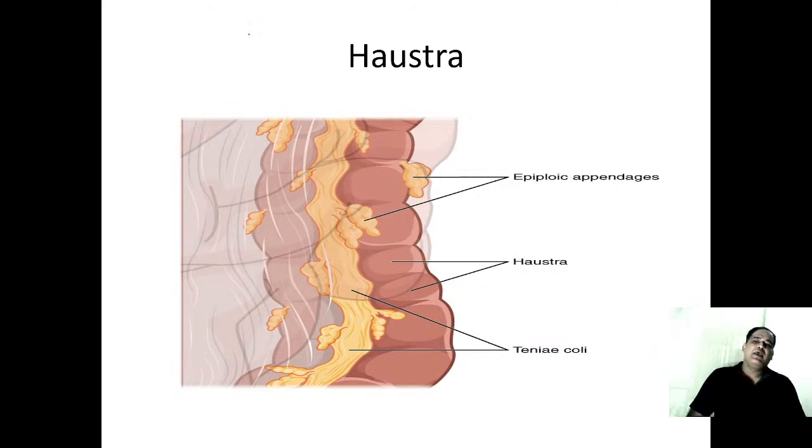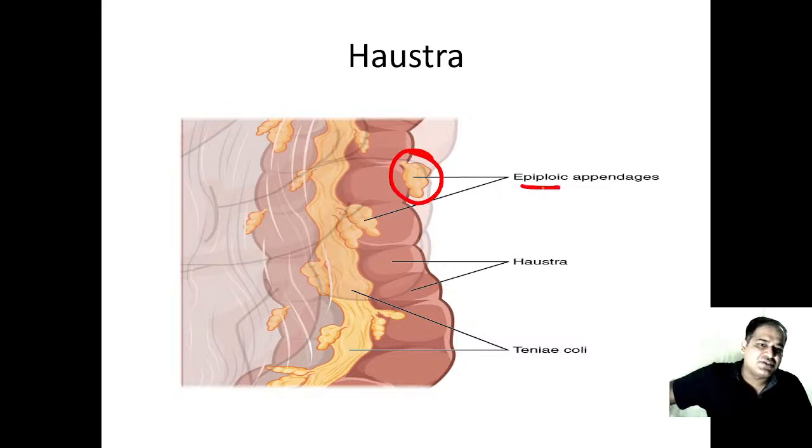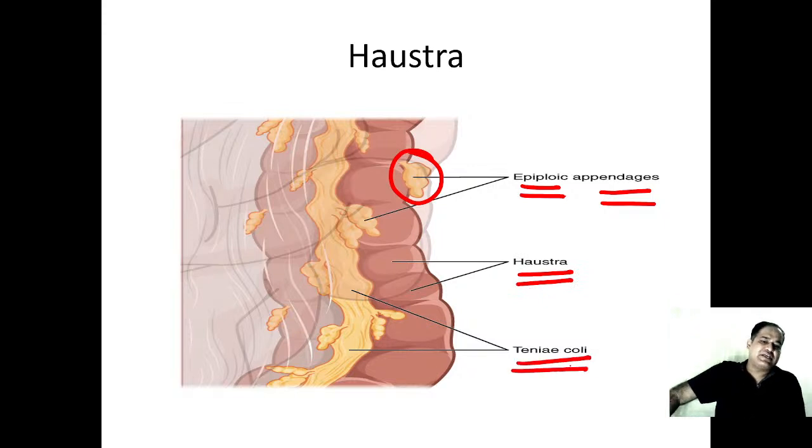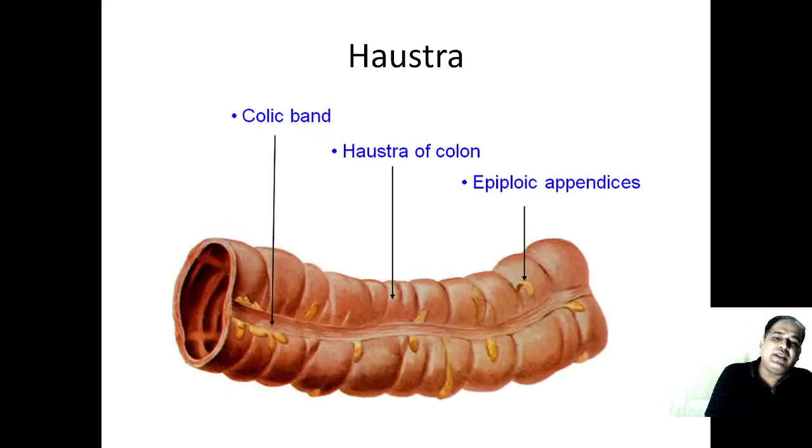Now you see, they ask you a question in anatomy, which of the three structures they are lacking in appendix. So appendix does not have appendices epiploicae, the fat pads. Appendix does not have haustra and sacculations. Appendix does not have taenia coli. So these three structures they are lacking in appendix.